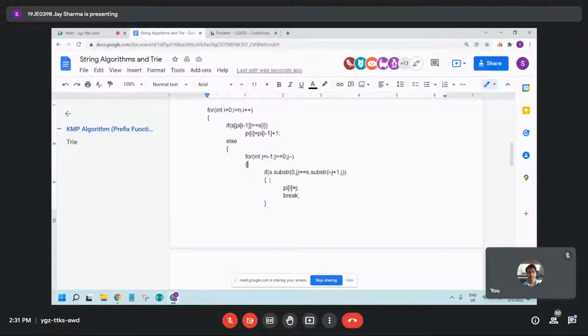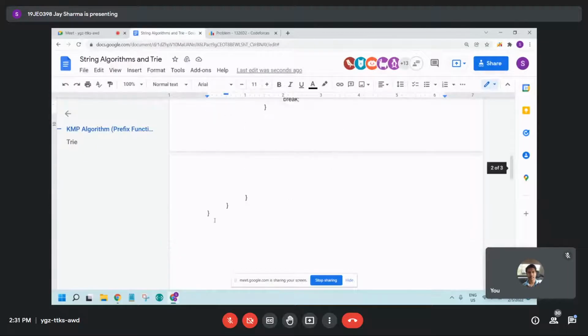Okay, so one more thing is that since we know that this thing cannot be more than pi of I, instead of starting from I, we can start with pi of I minus 1. Because for pi of I minus 1 plus 1, we have already checked it here.